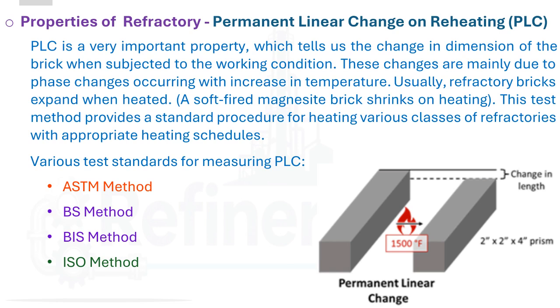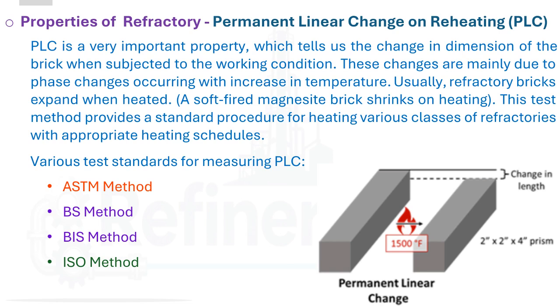Different test standards define how PLC is measured. The ASTM method uses a standard brick of 9 by 4.5 by 3 inches. The specimen is heated according to a schedule defined by brick type. The temperature is held at the test value, then cooled, and the size is measured again at room temperature to record any permanent dimensional change.